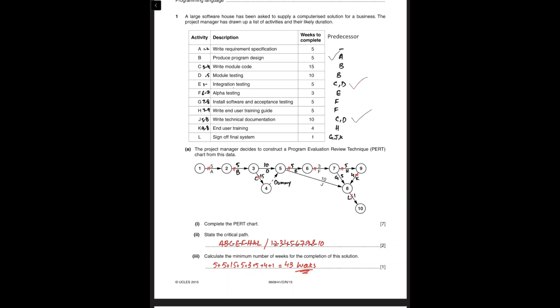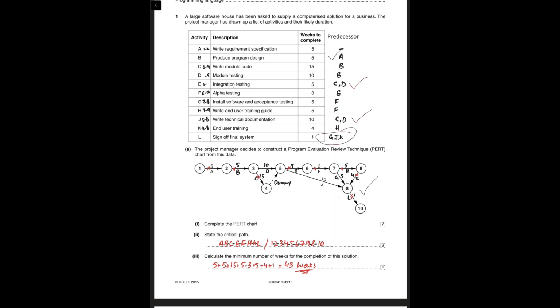And then we have got G and H, they both are dependent over F over here. And then we have got L, which is dependent over J, G, and K over here.